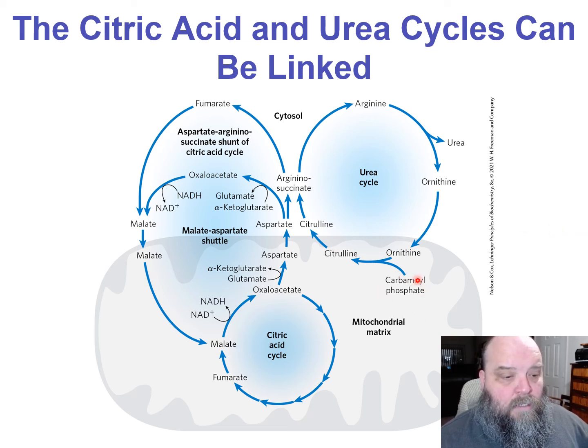Yeah, that ammonia you need to get rid of becomes carbamyl phosphate, which becomes citrulline. The citrulline outside in the cytoplasm becomes argininosuccinate, but you know what? It doesn't have to complete this. It can go this way. Or that aspartate, the oxaloacetate that becomes aspartate, can be converted into argininosuccinate, which can then go this way and become ornithine.